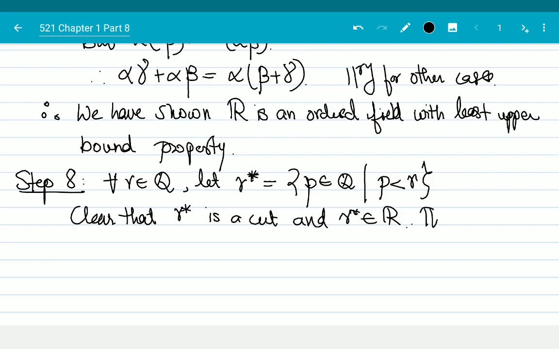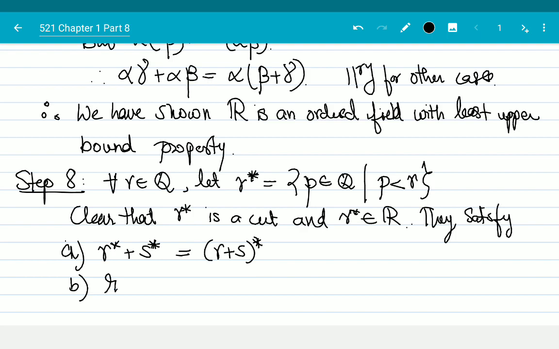Okay, these cuts satisfy the properties. First, or let's say A, r star plus s star is equal to r plus s star. B, r star multiplied by s star is equal to r times s star.